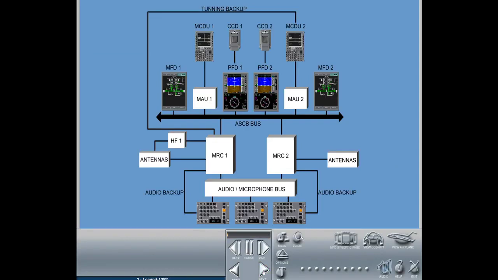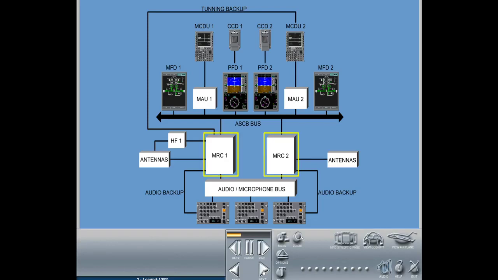The communication system consists of several antennas on the aircraft. 2 VHF radio modules in 2 modular radio cabinets provide tuning, transmission, and reception. VHF-1 is dedicated to MRC-1, and VHF-2 is dedicated to MRC-2.